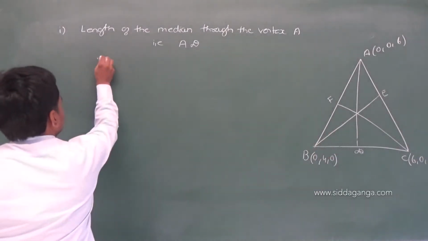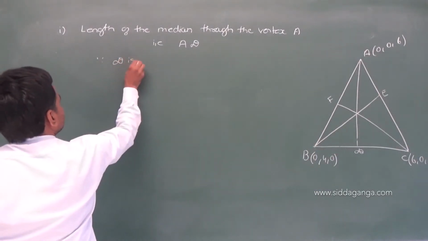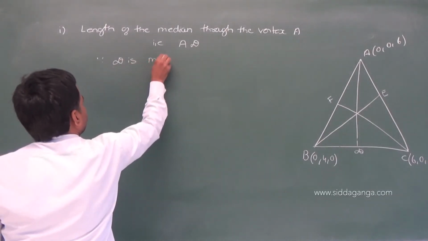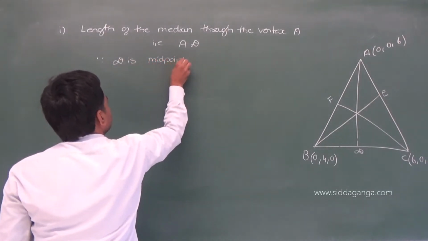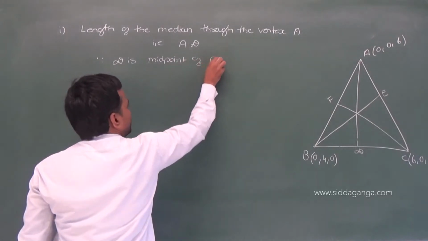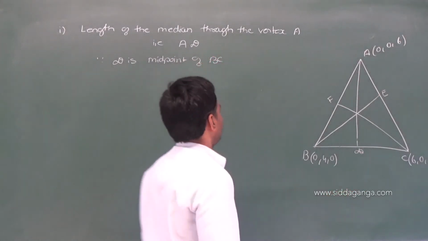Since D is the midpoint of BC, D lies exactly at the midpoint of BC.